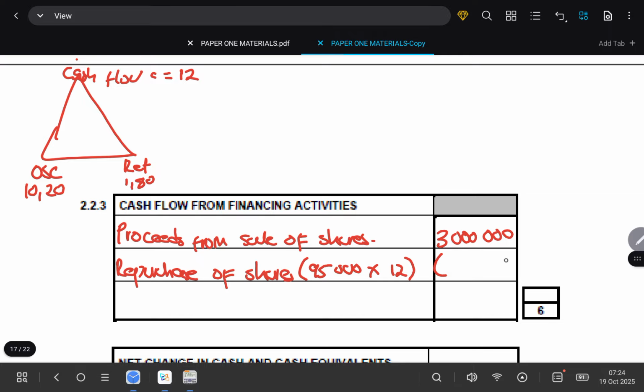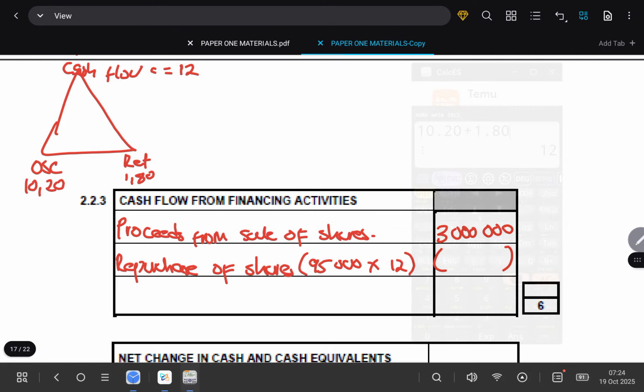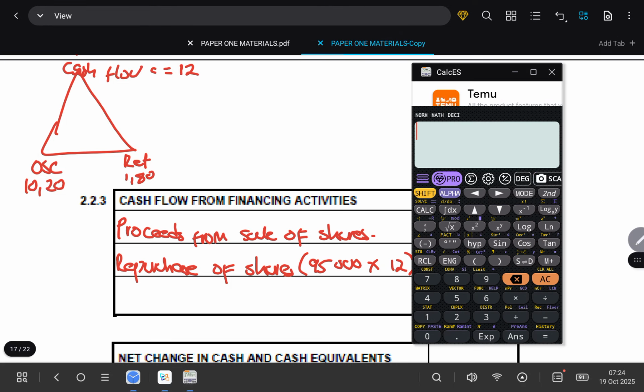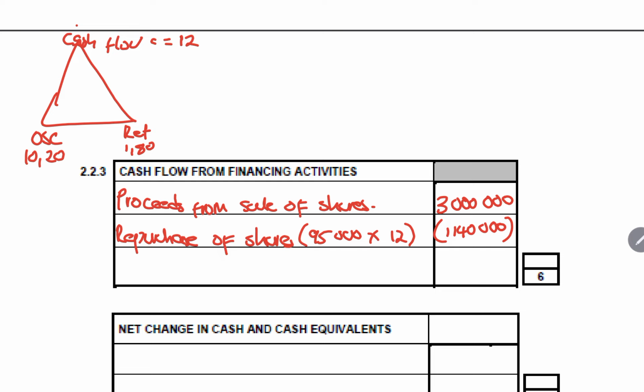It will give us the total money that was used to repurchase those shares. So 95,000 multiplied by 12 rand gives us 1,140,000.